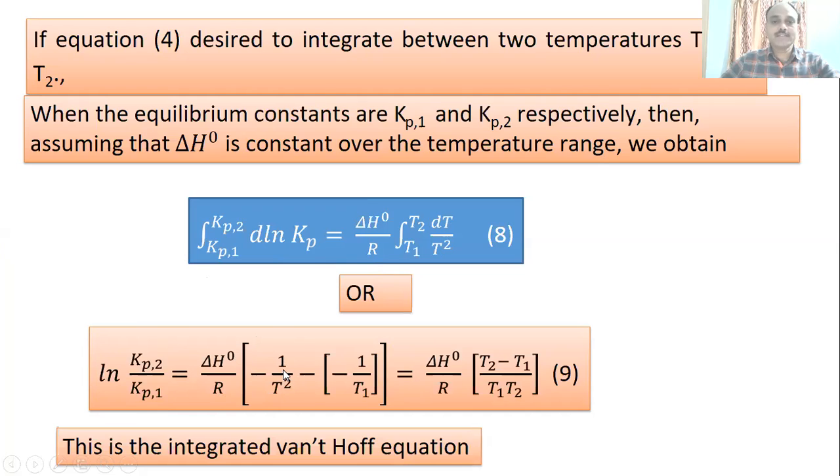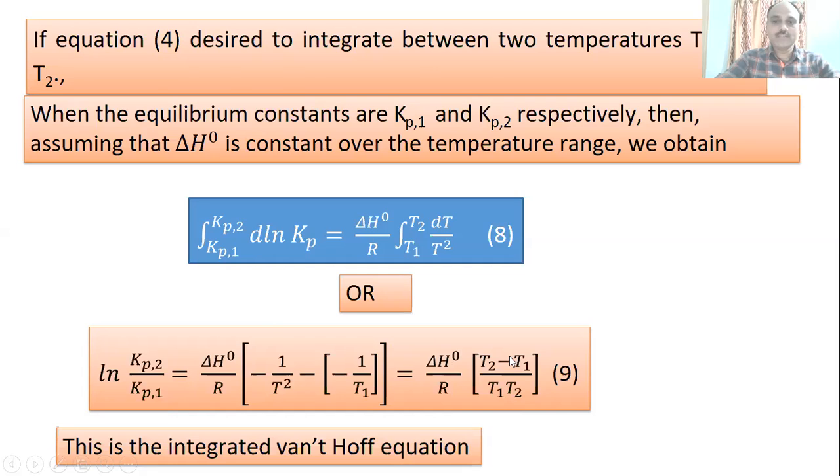Further simplification gives delta H naught by R times (T2 minus T1) by T1 into T2. This is the final integrated Vant-Hoff equation isochore.